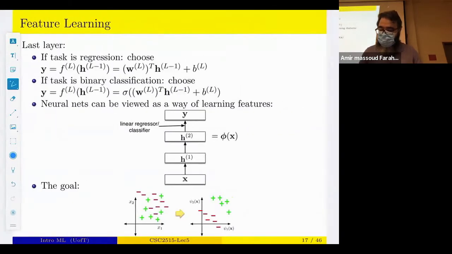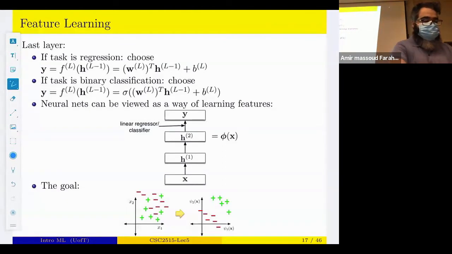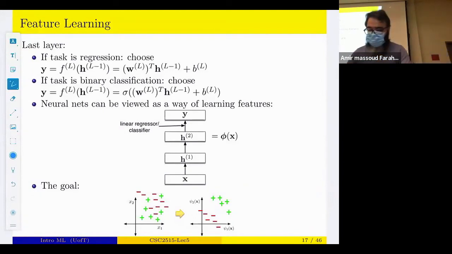I guess that was an exercise, and I think the last thing I was talking about is what we should do for the activation function of the last layer. Usually the way we choose it, if the task we want to solve is a regression task, we just choose a linear activation function.